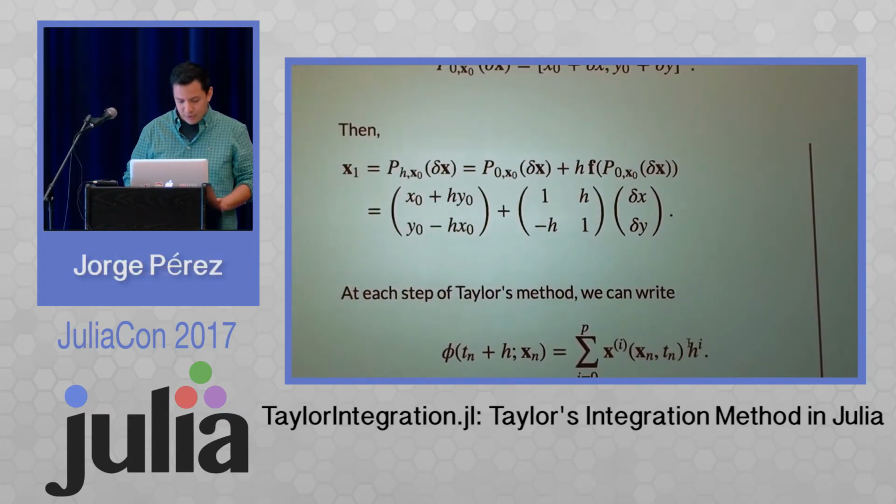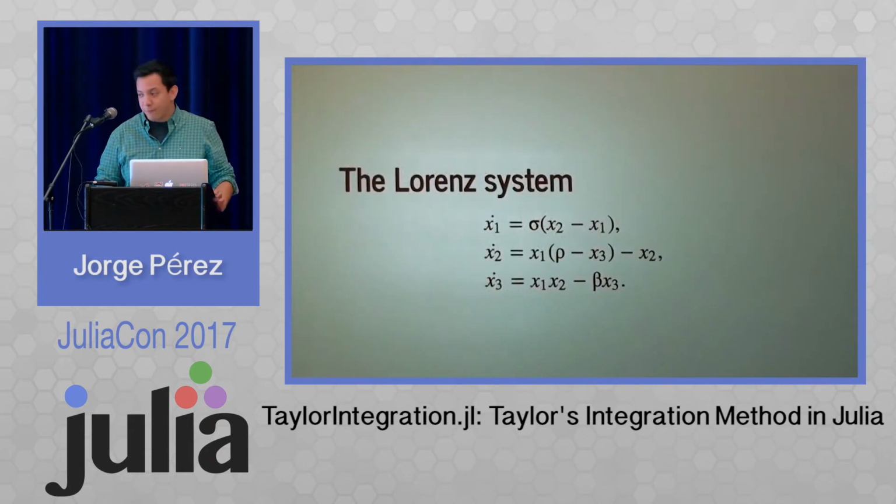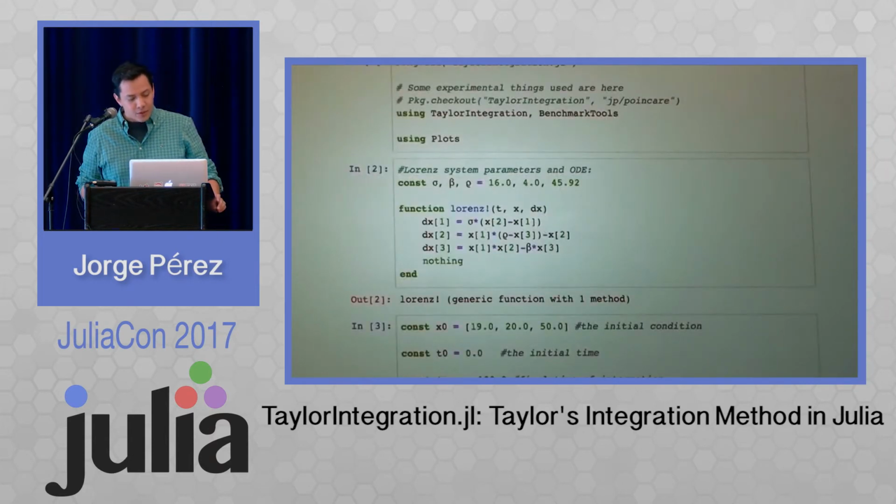Okay, so as a first example, I'm going to talk about the Lorenz system. So everybody knows this system. Using Taylor integration, we are able to just write the equations of motion and also select an initial condition, initial and final time.